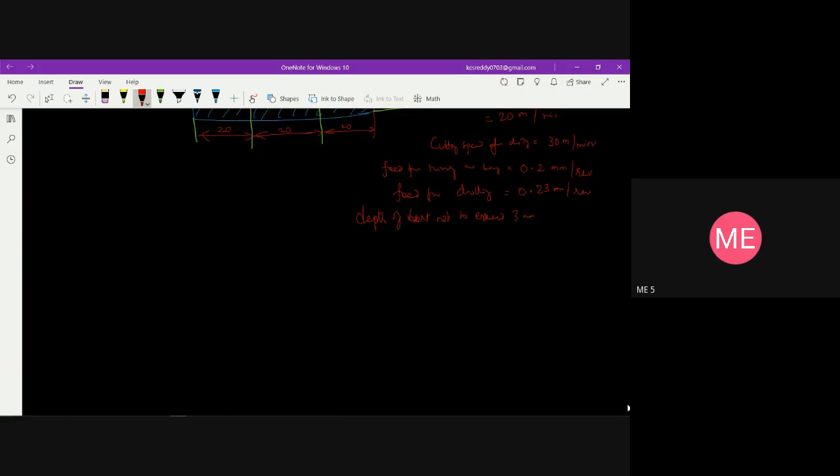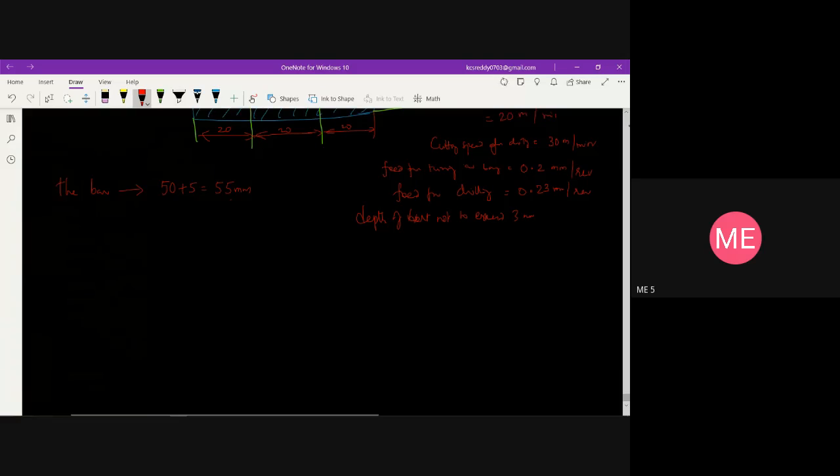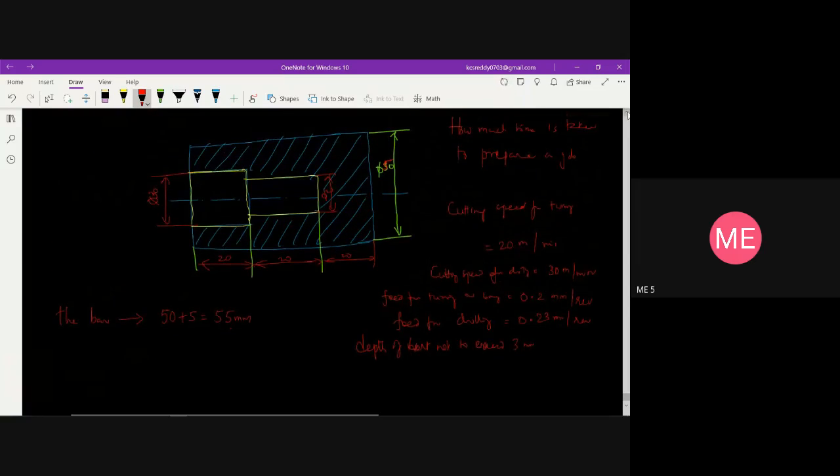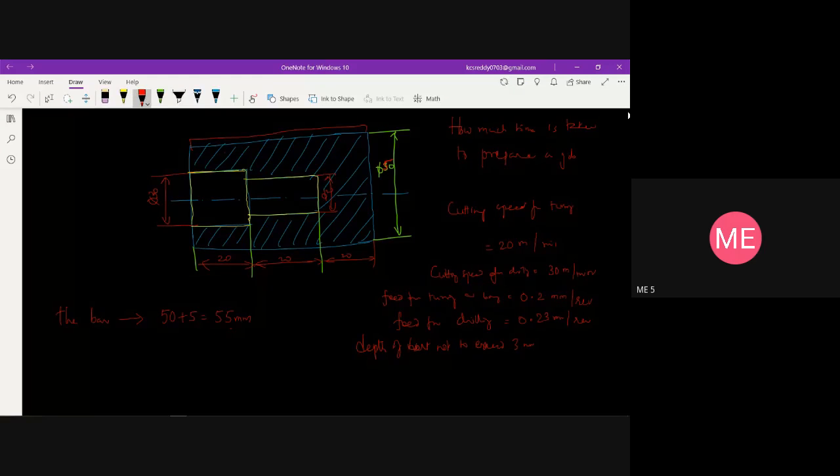Actually we need to get 50 mm, so I'm taking 5 mm extra, and the 55 mm is the actual bar given. It means we need to reduce the 5 mm to get the given dimension, that is, 50 mm. So this is the additional material which we need to remove.